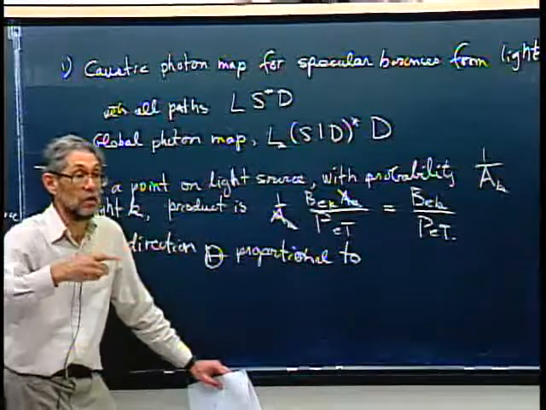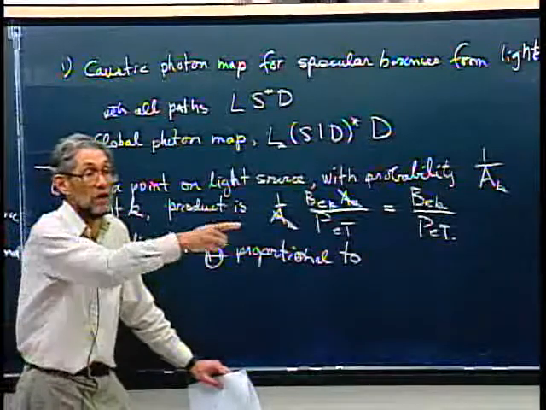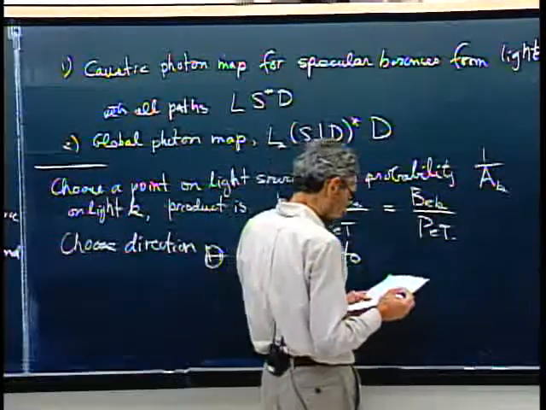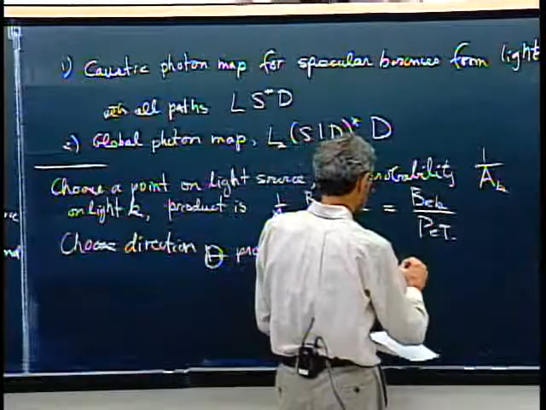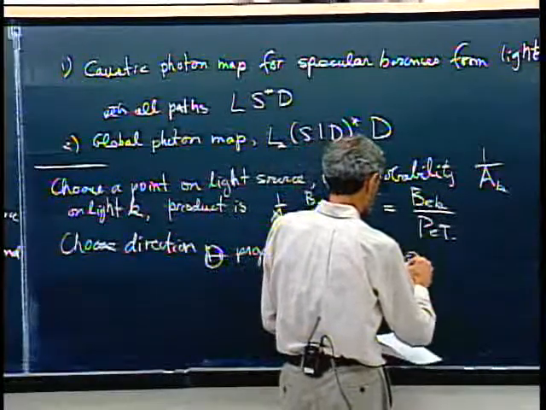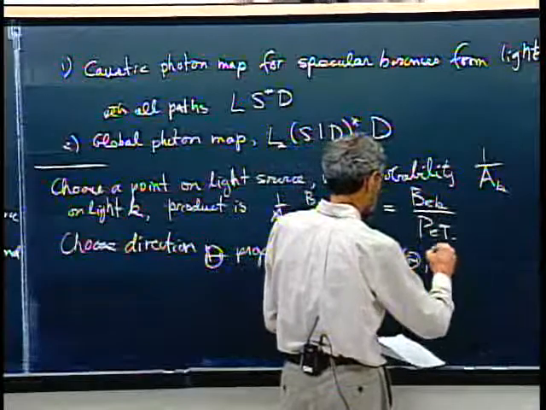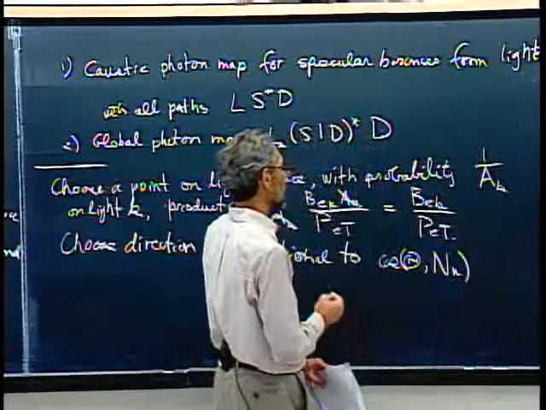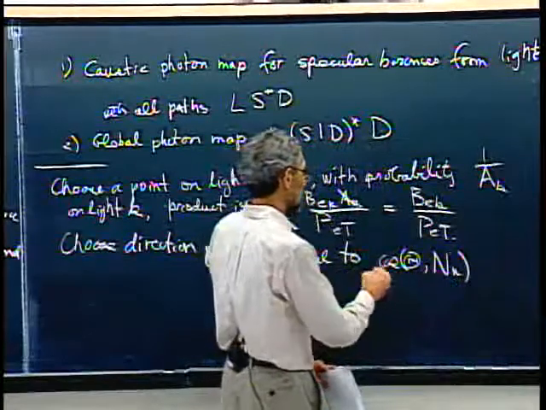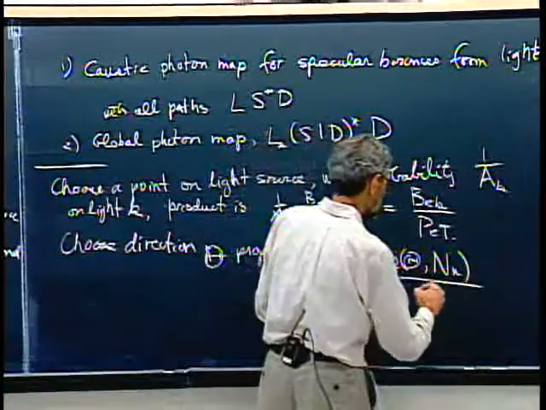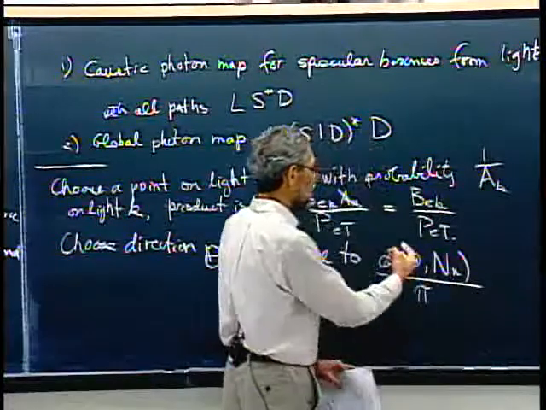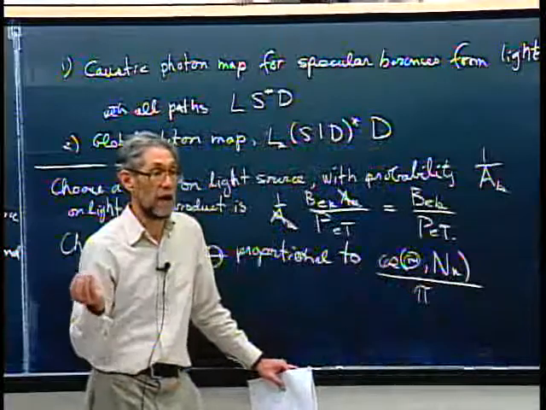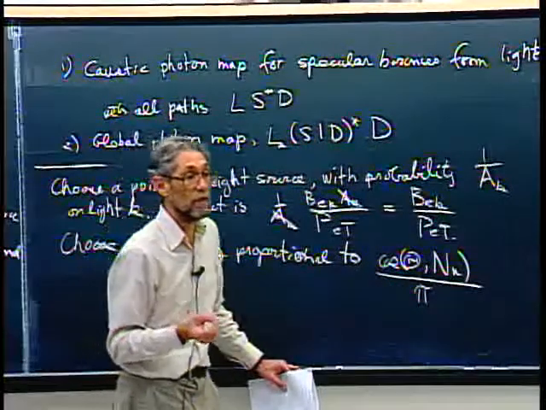If it's equal radiance in all directions, I've got to leave less at a glancing angle because of the foreshortening factor. So it's proportional to cosine of the angle between theta and the normal of light source k. And the probability then is this over that, the integral of that, which is pi. So that's the probability density distribution that you're going to use to choose the random angle. We've done that for homework also.